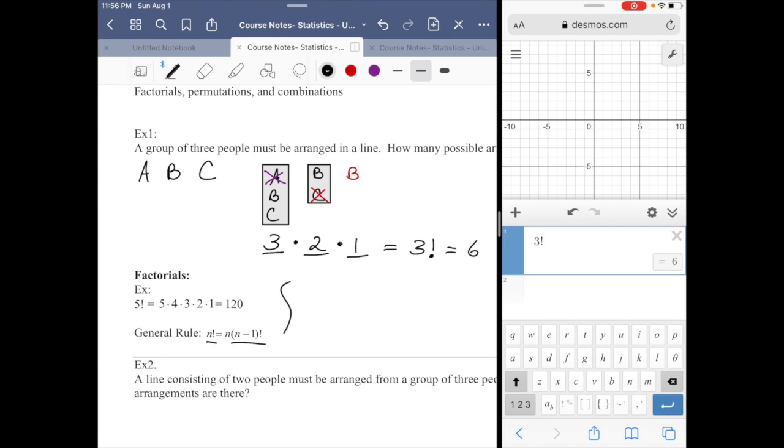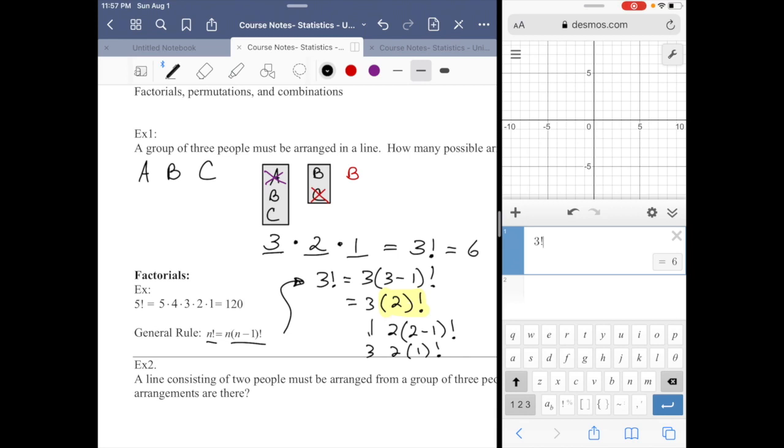So just using that rule, I can say 3 factorial is 3 times 3 minus 1 factorial, which is 3 times 2 factorial. Then we would follow that by saying 2 factorial is 2 times 2 minus 1 factorial, which is the same as saying 2 times 1 factorial.